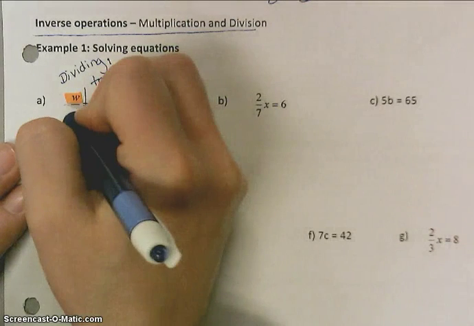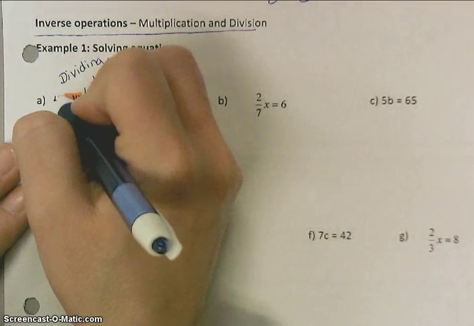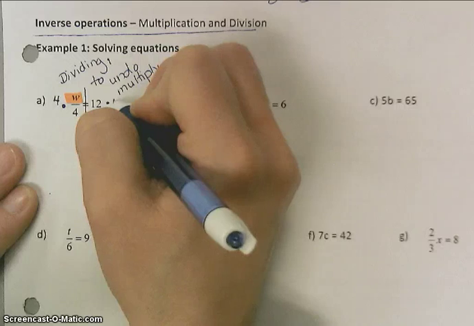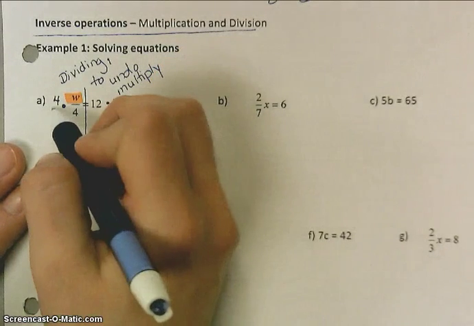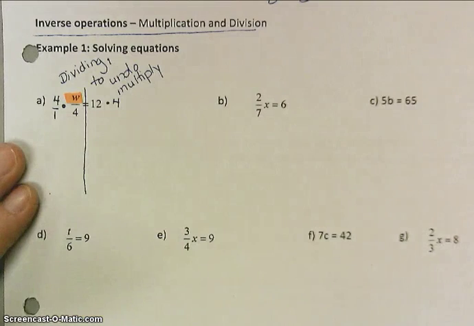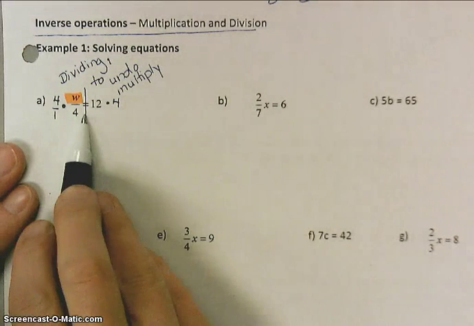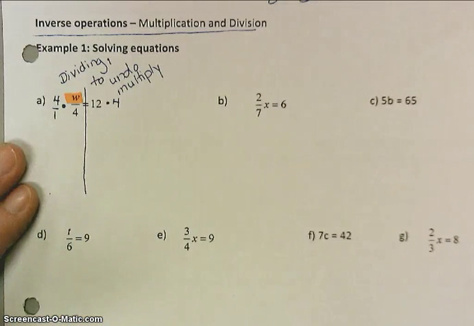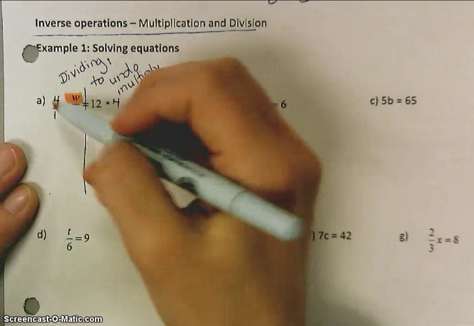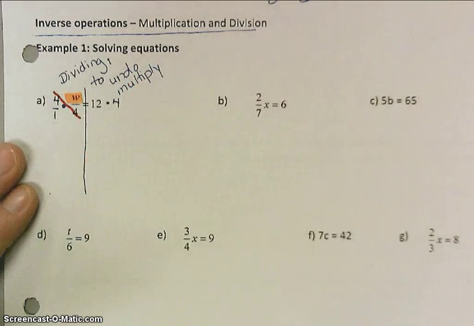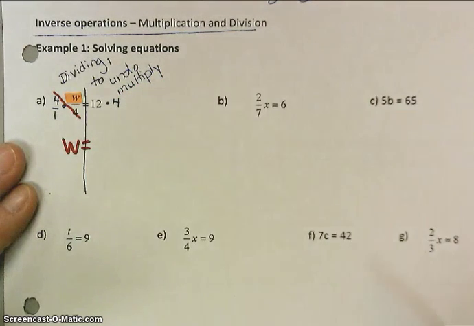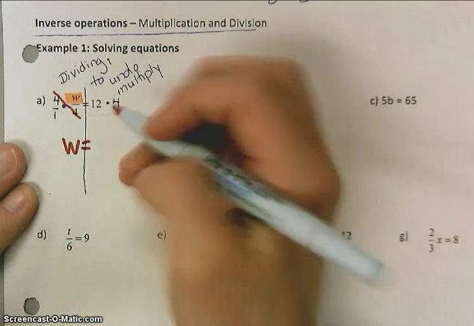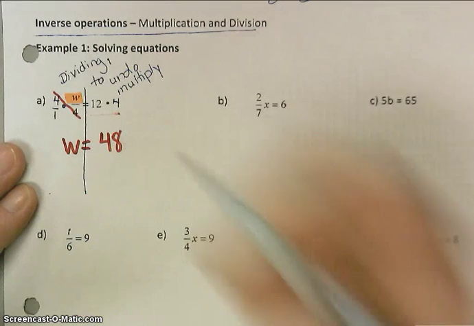Now if I multiply both sides by 4, I have 4 over 1 times w over 4. What happens here is my two 4's cancel, and I'm just left with w. So now I have w equals, and then I just have to do 12 times 4, which is 48.